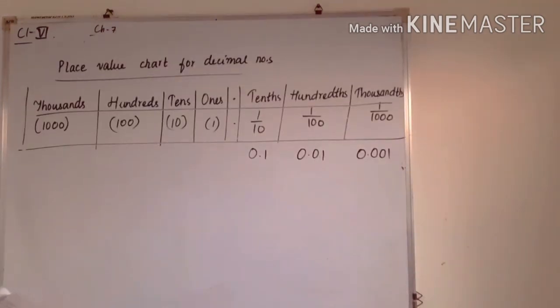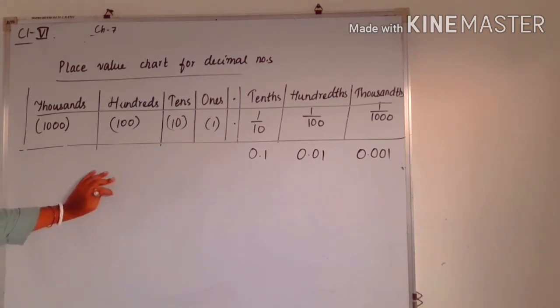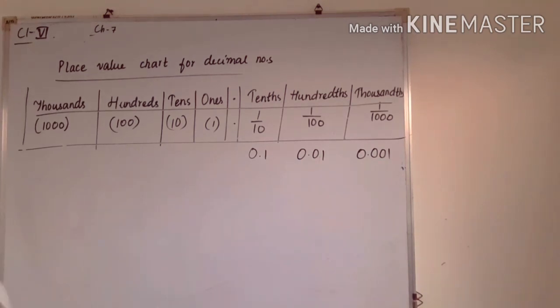The next topic is the place value chart for decimal numbers. See here, this is thousands, hundreds, tens, ones. This you already know. After the decimal point, tenths is 1 by 10, then hundredths is 1 by 100, then thousandths is 1 by 1000.